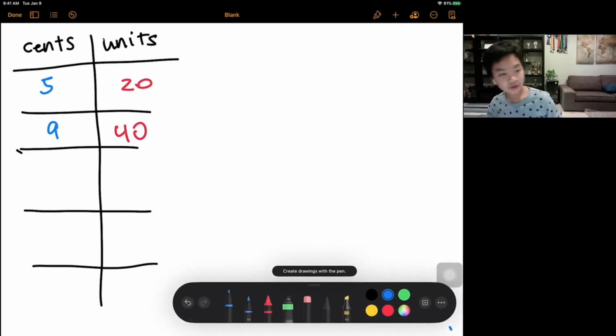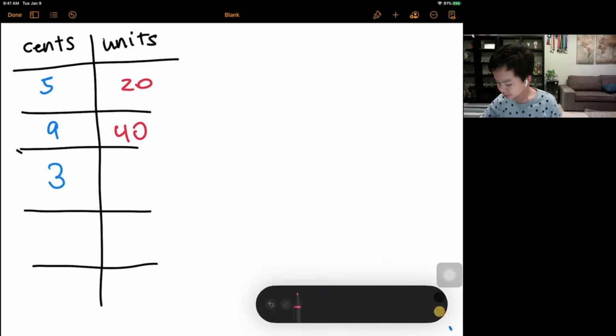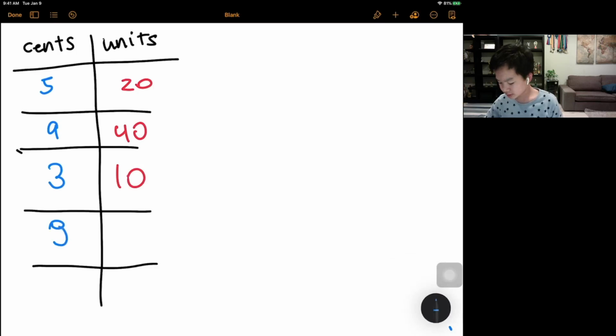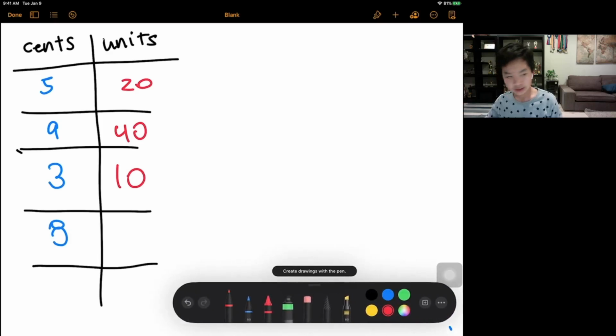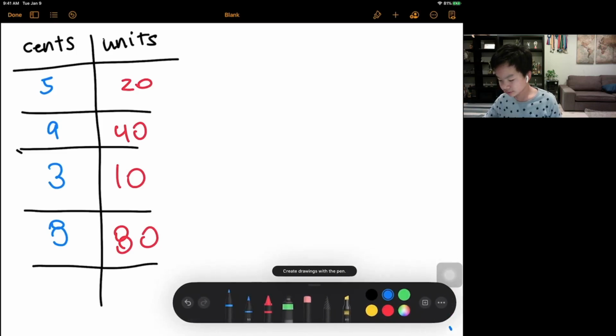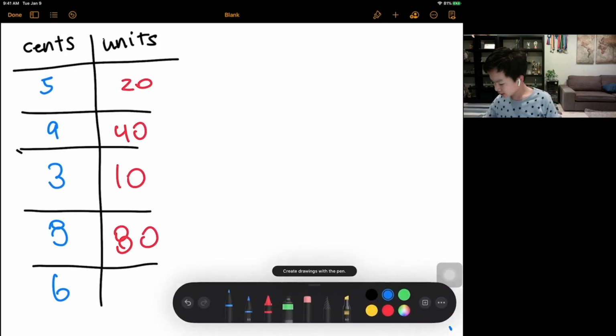Okay, so for the third farmer, we have 3 cents per unit and 10 units. Fourth one, we have 8 cents and 80 units in total. For the last one, we have 6 cents and 30 units.